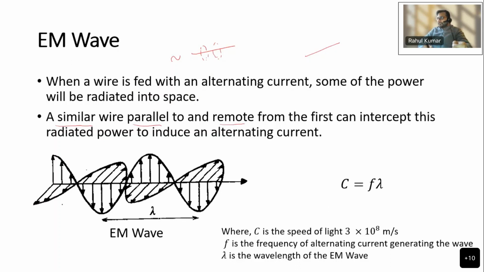So if you place a second wire which is parallel to the first one and it is some distance apart, then these radiations can be induced into this, and because of these radiations, when they are induced into the second wire, this wire will have some current. Now this current will have the same characteristics as the original current which you are applying.